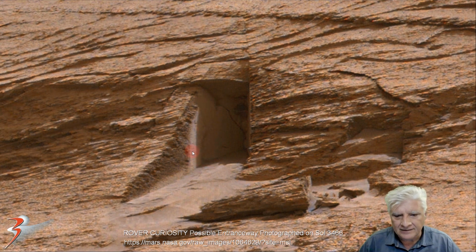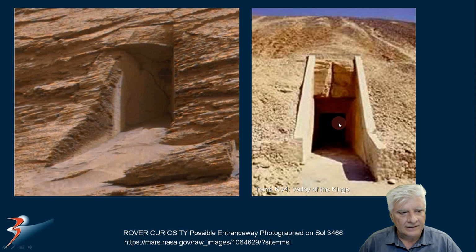Check out the 90-degree angle to the inner part. And I compare it to the KV4 tomb in the Valley of the Kings. So I got this sloping part on either side, the opening with the bracing part at the top.